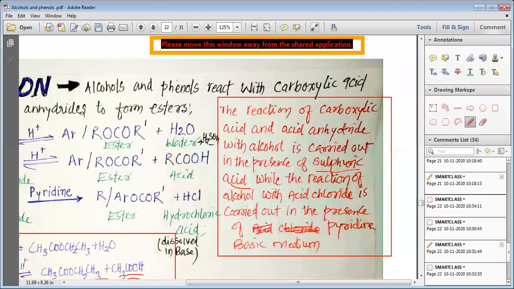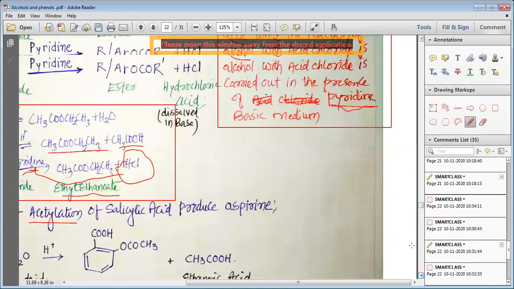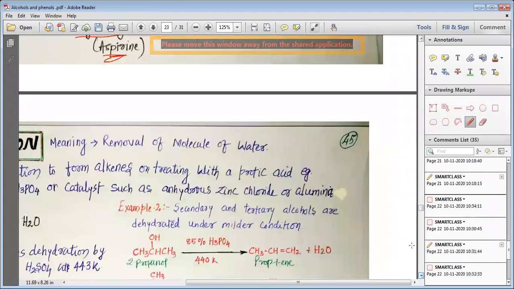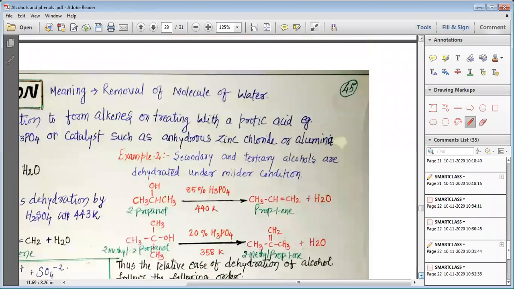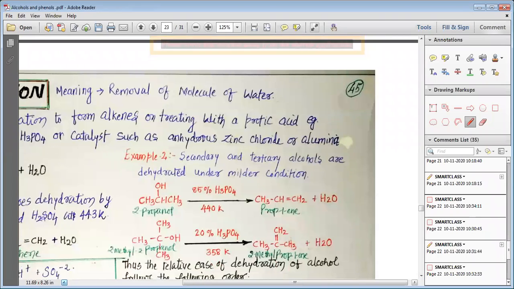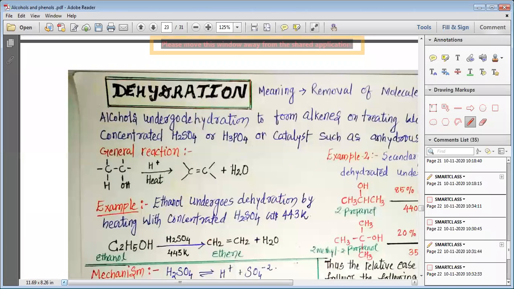While the reaction of alcohol with acid chloride is carried out in the presence of pyridine base. We have already studied this fact, but it was necessary to bring it to your notice, my dear students, that you need to remember this fact and answer the questions if they are asked based on this fact.